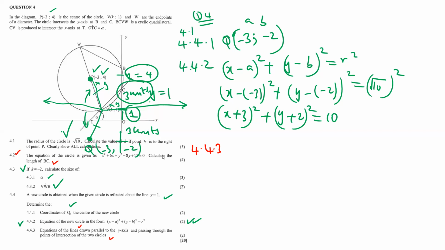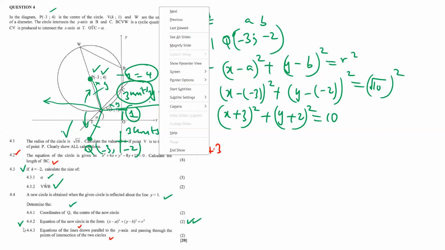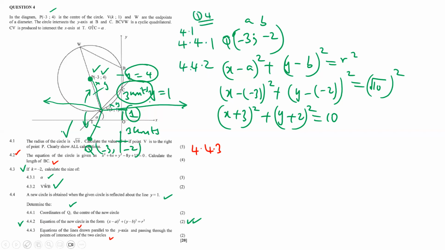So 443 now is to do with the equations of the lines drawn parallel to the y-axis and passing through the point of intersection of the two circles.